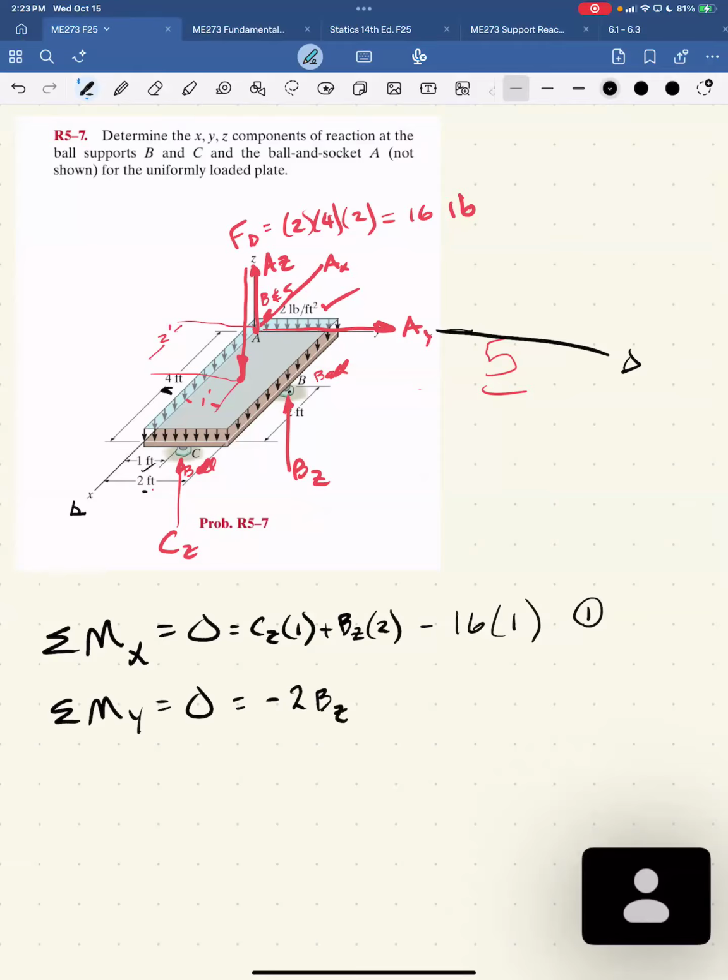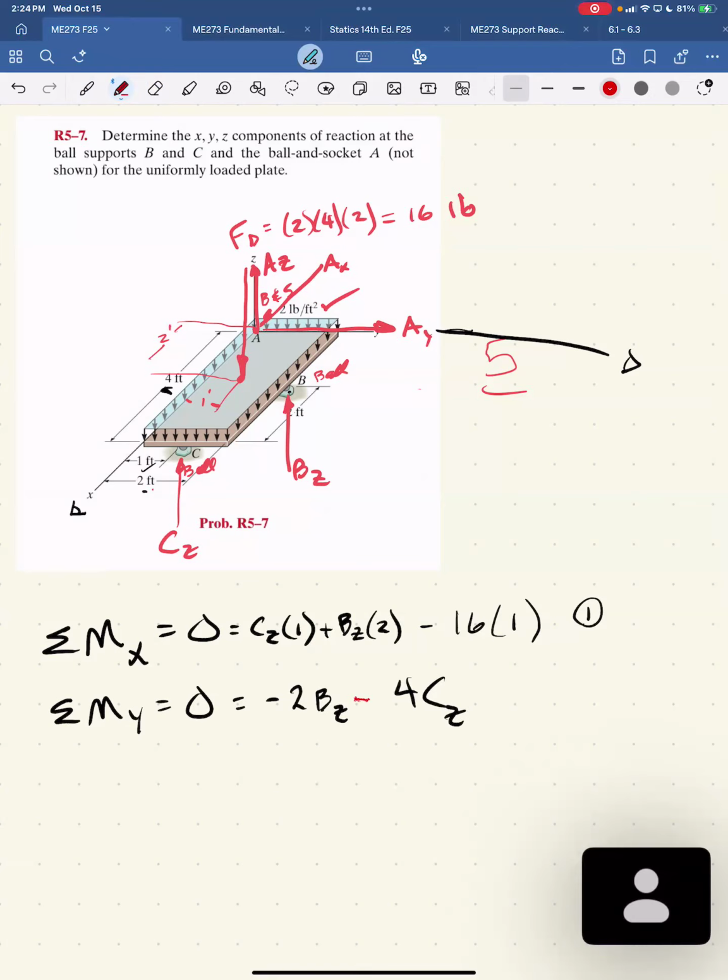CZ is 4 feet away from the y-axis, so it is minus 4 times CZ. Remember I said they're both negative. So I got CZ, BZ.